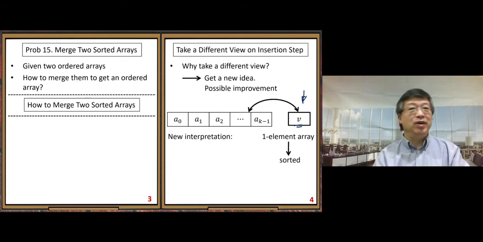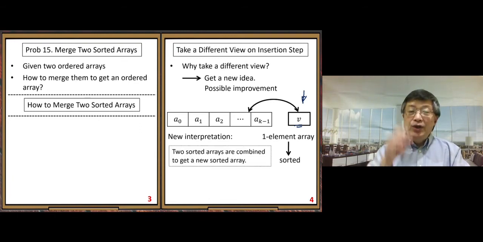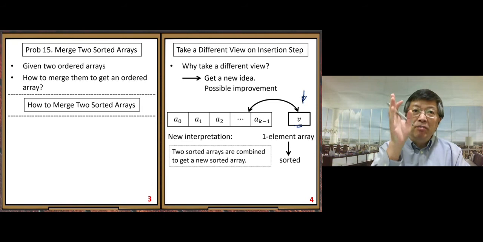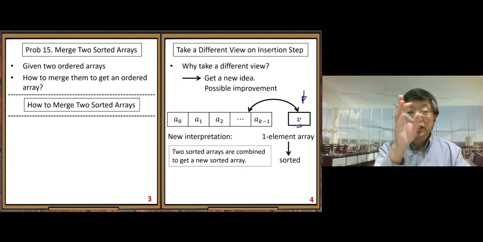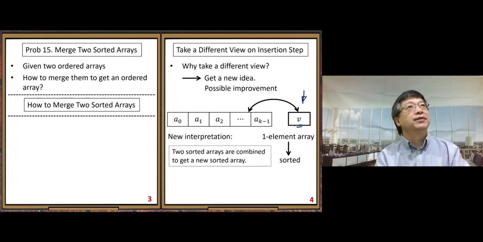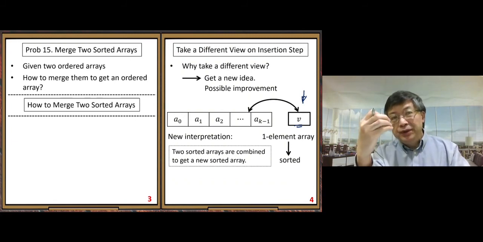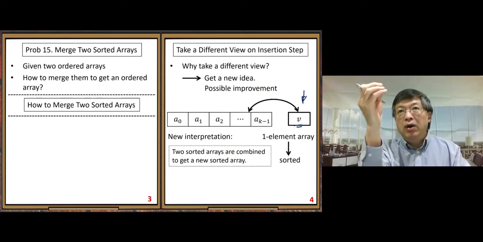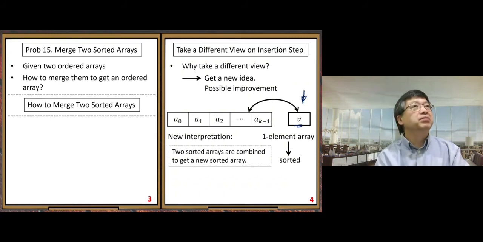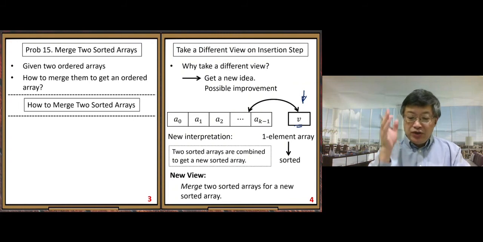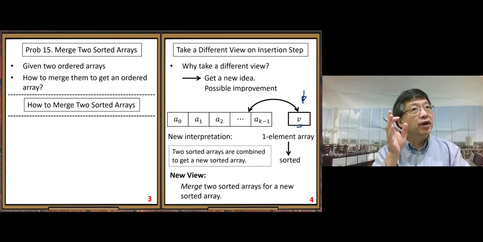So our new interpretation is that two sorted arrays are combined or merged to get a new sorted array. That's the new view, and this new view connects to our insertion step. So our new view: merge two sorted arrays for a new sorted array.